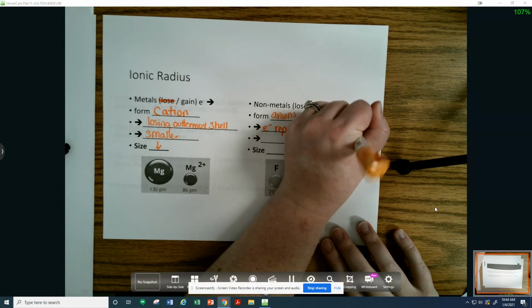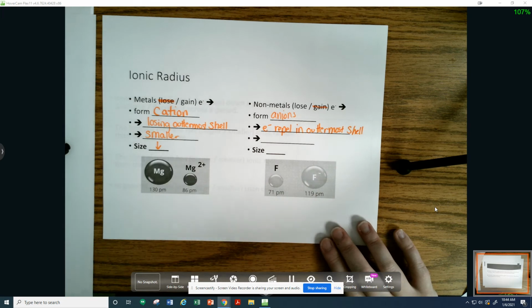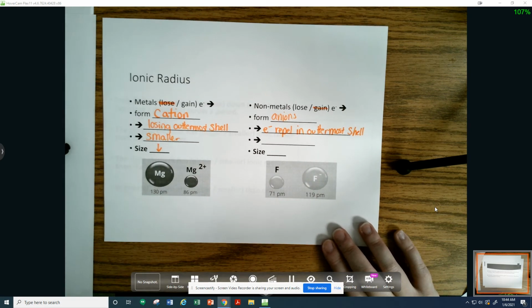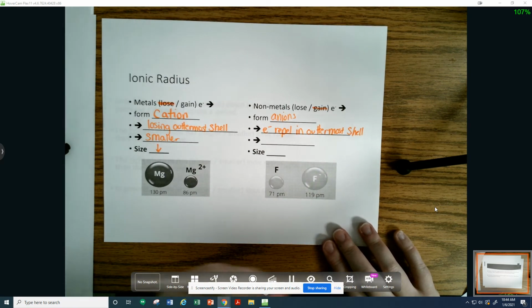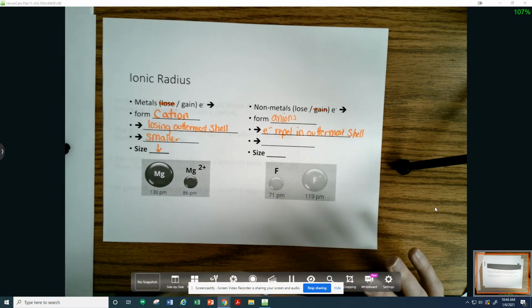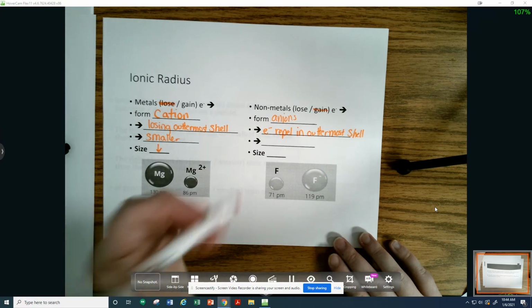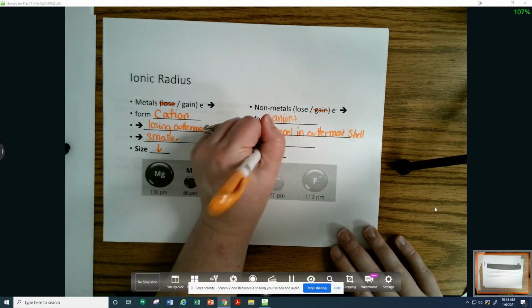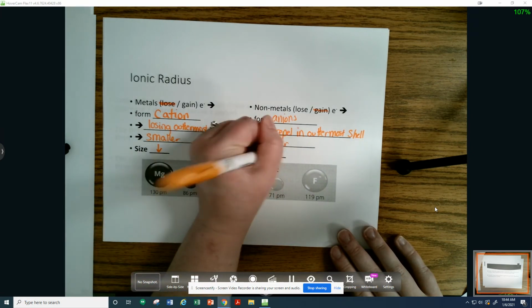What I mean by that is we have more electrons being added to that valence shell, and more electrons means more negative charges, and like charges like to repel. So some repulsion effects are happening in that valence shell, and that means it's going to get larger, therefore size increases.